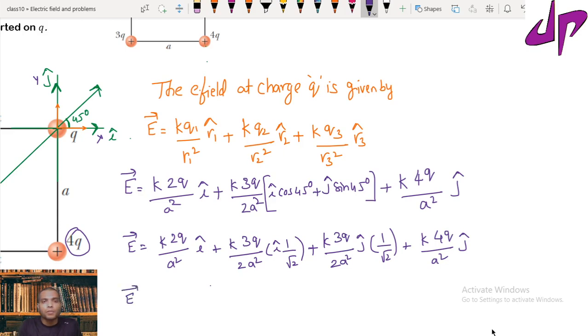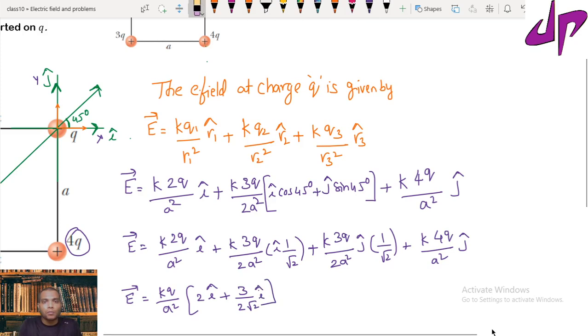Now for further simplification, take the common I cap terms. So k q by a square is common, and I get 2 I cap plus 3 by 2 root 2 I cap.